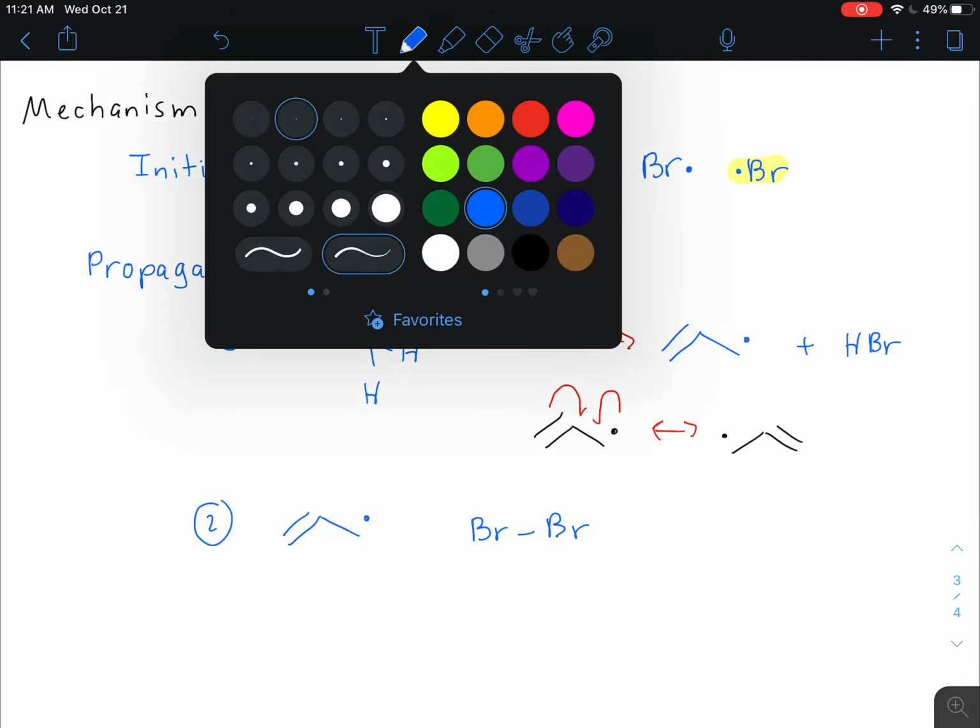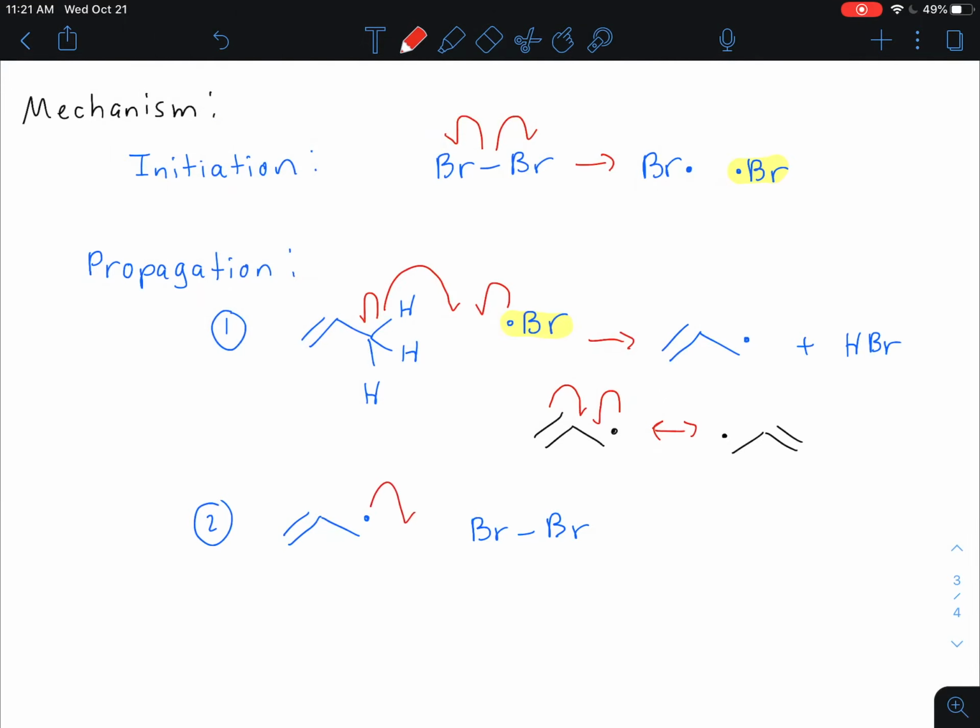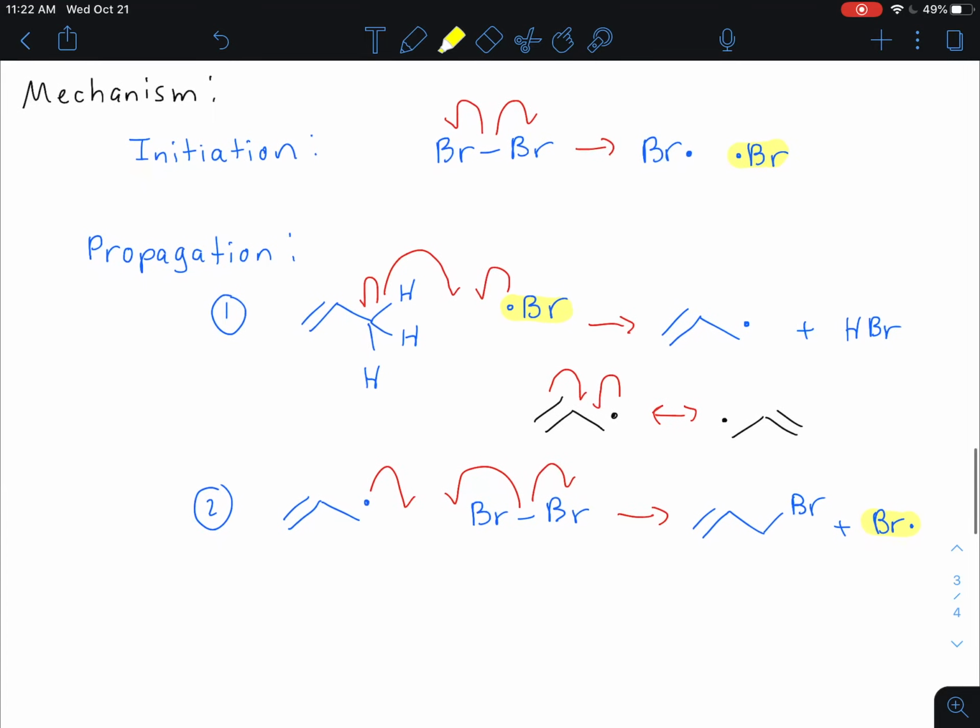So this is still following the same pattern as the first mechanism we looked at. And so there you go, you're going to make the product, but also form more bromine radical. So here's our product. Here's more bromine radical that has formed. So in that regard, it's the same pattern as before.